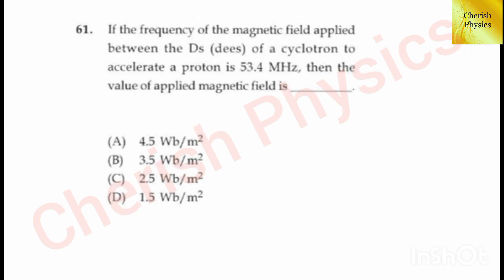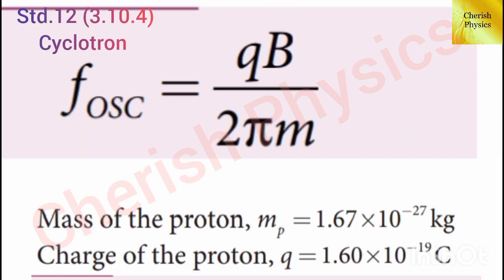11th question. If the frequency of the magnetic field applied between the Ds of a cyclotron to accelerate a proton is 53.4 MHz, then the value of applied magnetic field is dash.